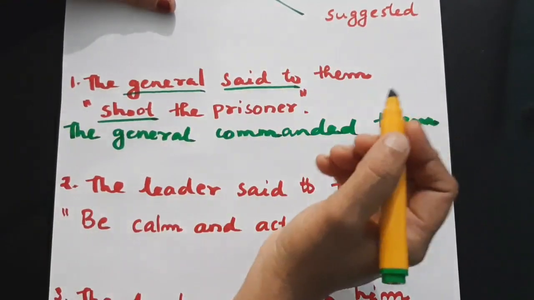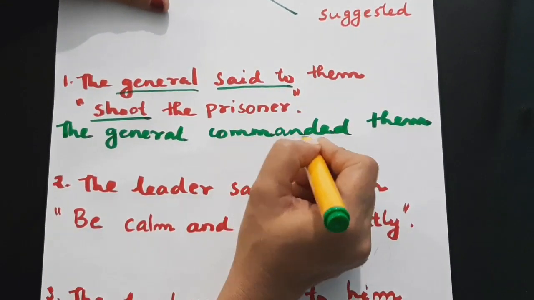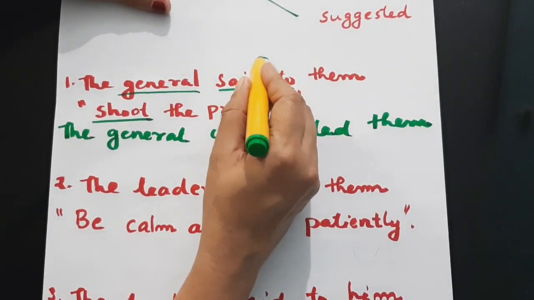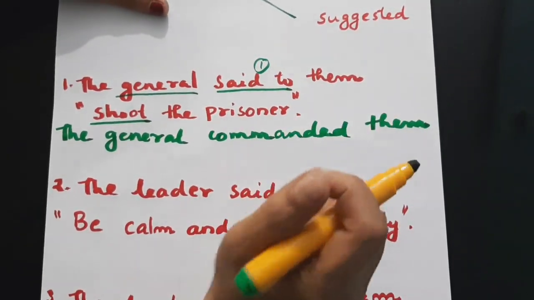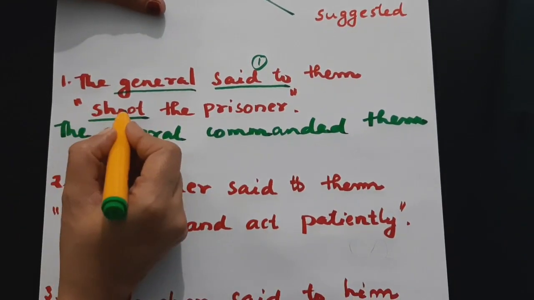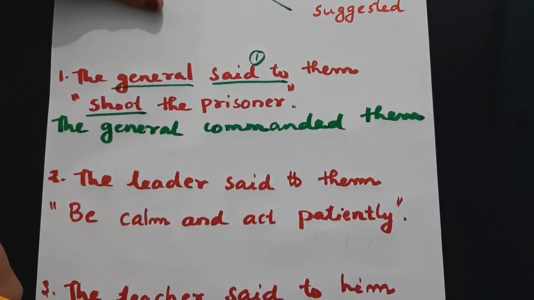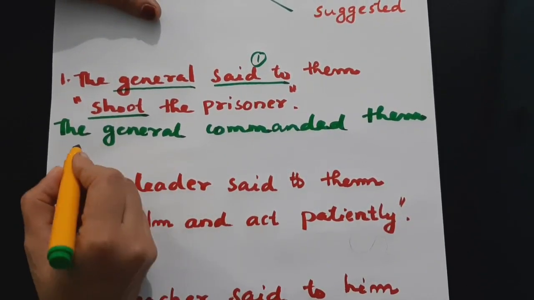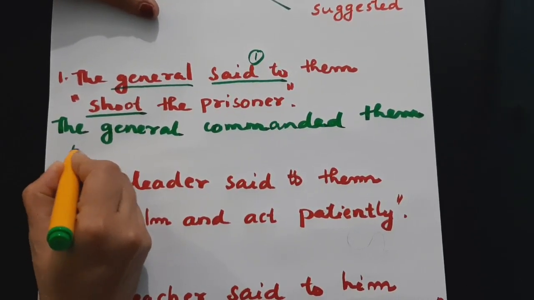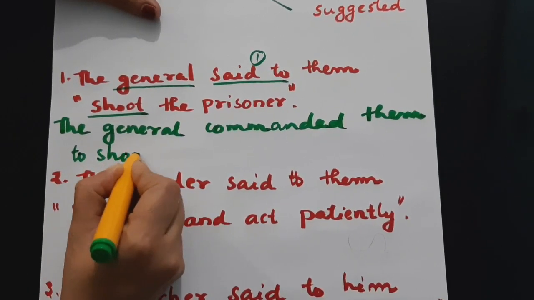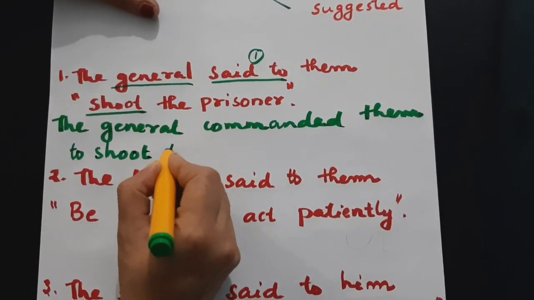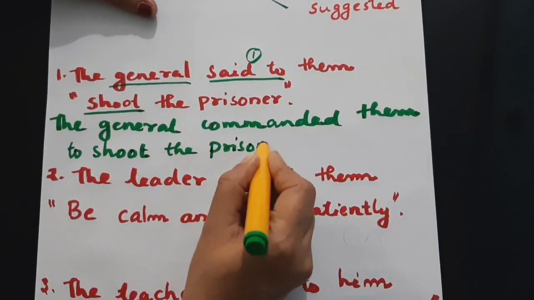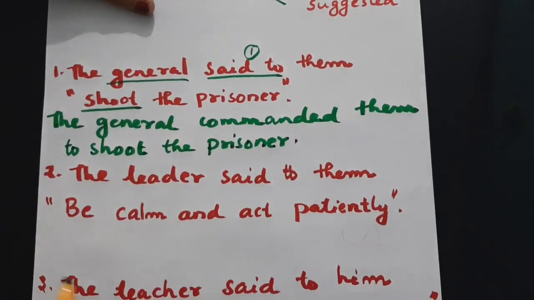The first rule for us is using the reporting verb in place of said to. Here we changed to commanded, and comes the next rule, that before the verb you need to use to. Make it an infinitive. That is to shoot the prisoner. Pretty simple, no?